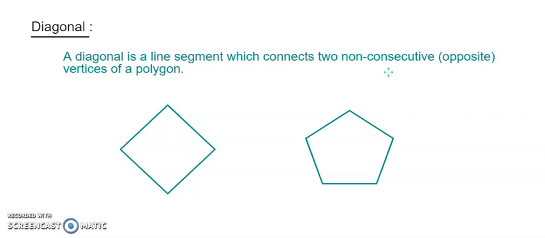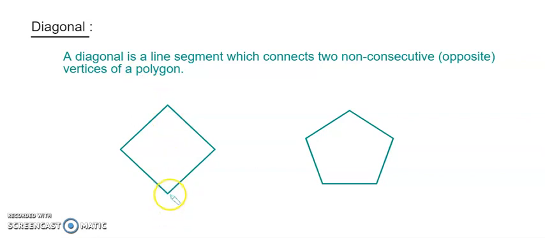Any two line segments lying next to each other, we are not considering them. Instead, the two vertex points which are not near each other but opposite to each other, when such two vertex points are connected, the line segment that is formed is called a diagonal. Let's draw the diagonal for this shape, which is a square or a rhombus.